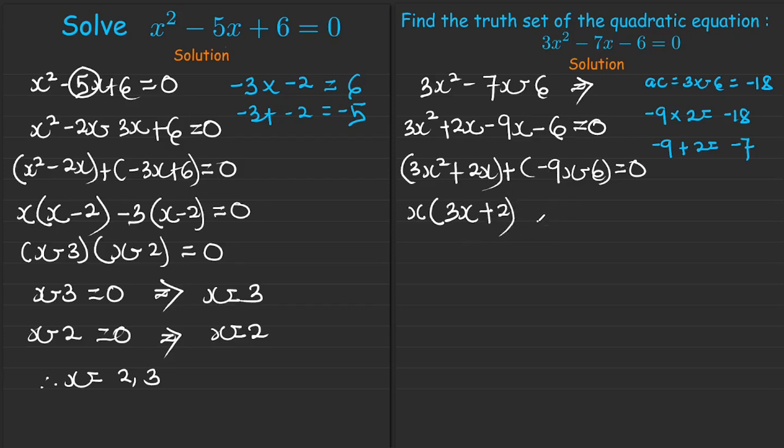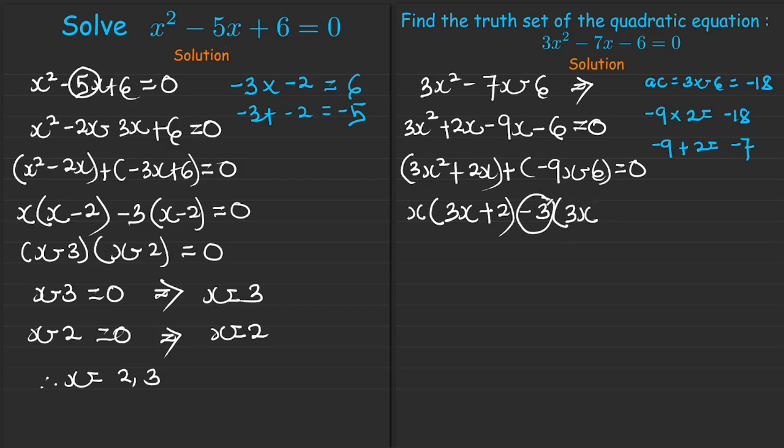Then for these as well, we have negative common to both. So we have a negative. Then for the numbers 3 and 6, what is their highest common factor? That is a 3. For the variables, they don't have any variable in common. So negative 3 times what gives us negative 9? That is a 3. And not forgetting our x.